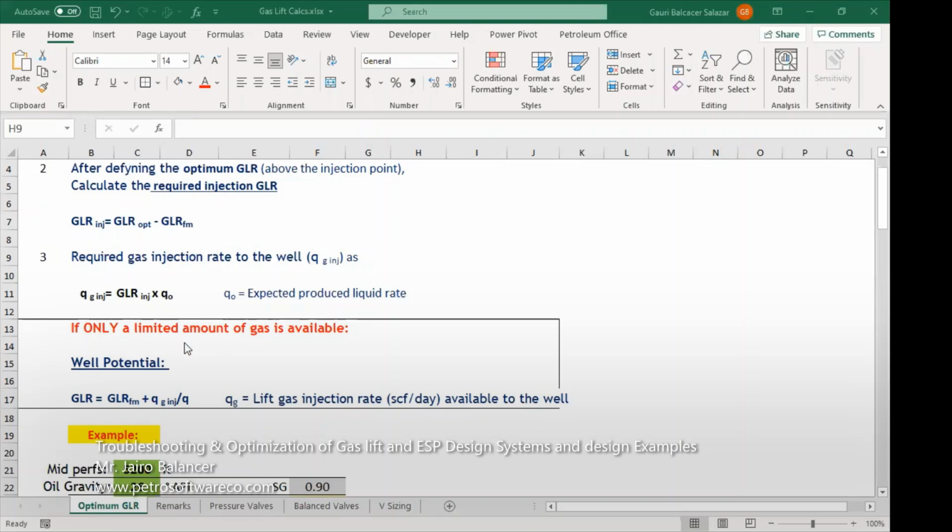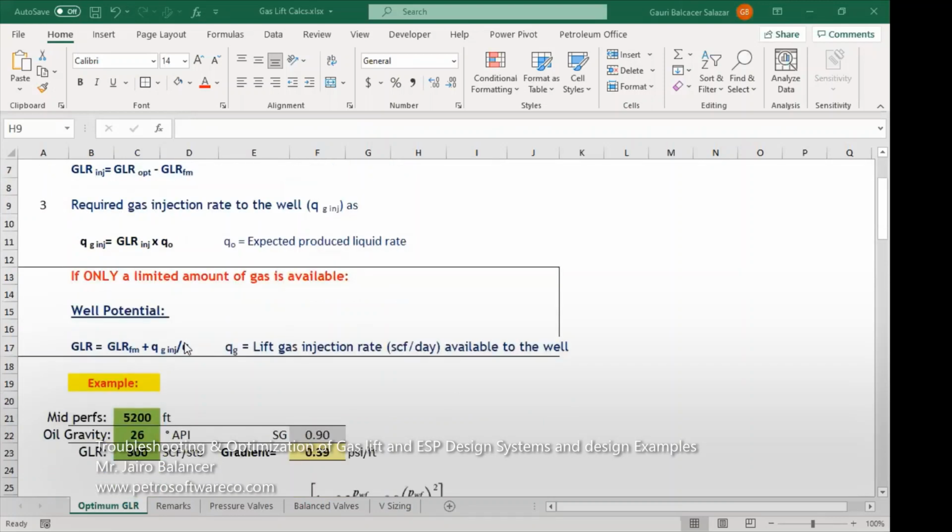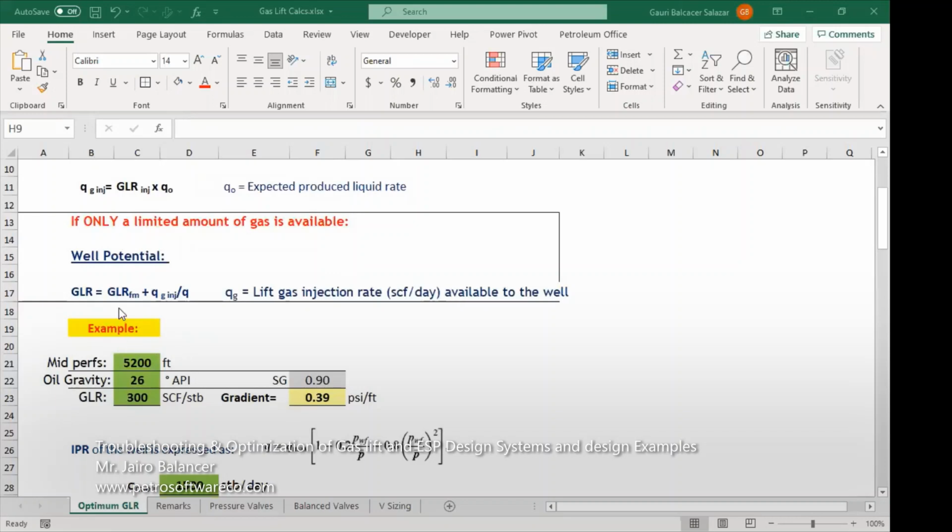Now, if only a limited amount of gas is available, the well potential gas lift ratio is the gas lift coming from the formation plus the ratio of Qg available over Q. So Qg is the gas lift injection rate available to the well.